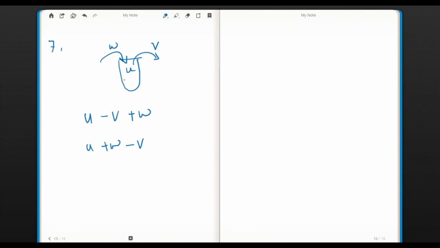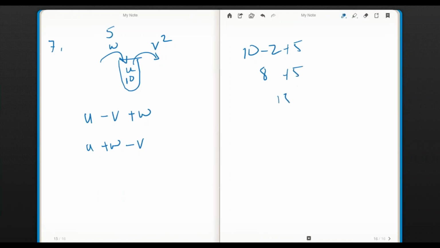How do you know? Start with things you know. This is 10, take out 2, put in 5. If you do 10 minus 2, you have 8, plus 5 is 13. That's good. If you say, well, I have 10, I put 5 in, and then I take away 2, that's 15 minus 2 is 13. That's a good answer.